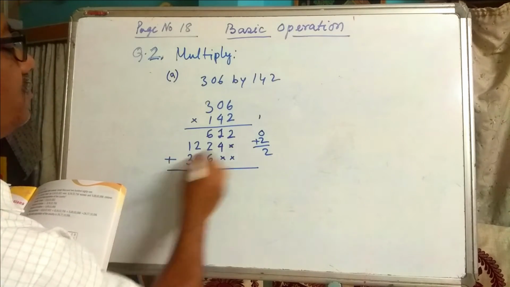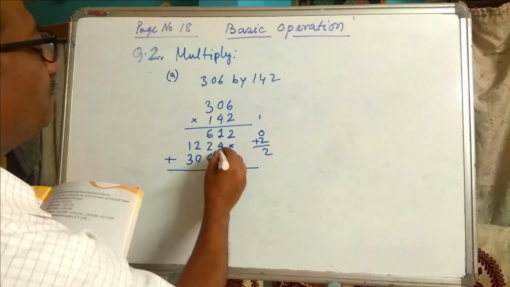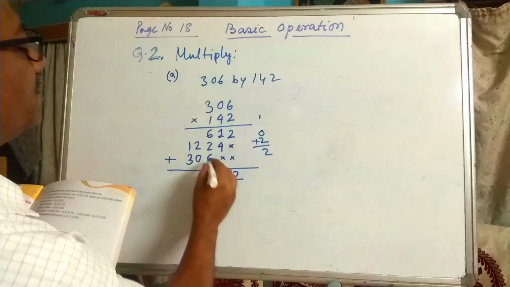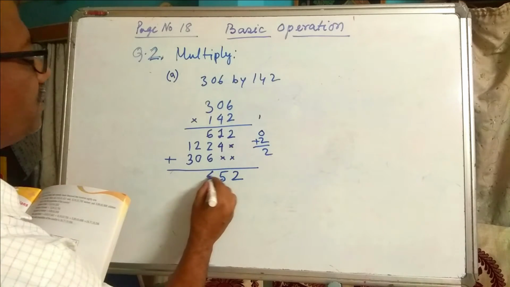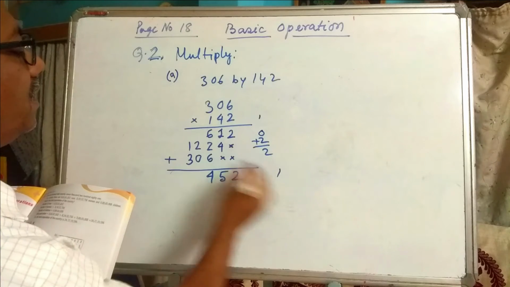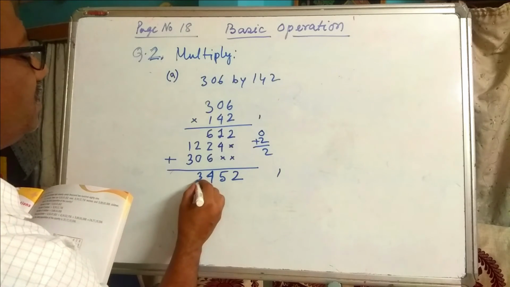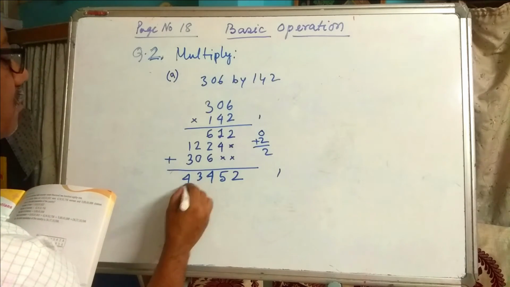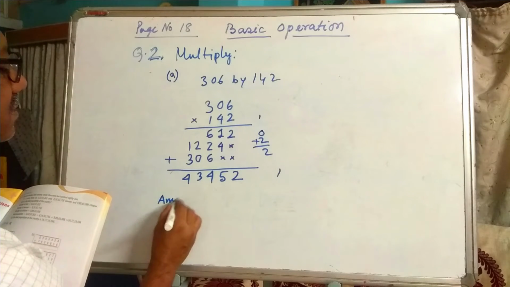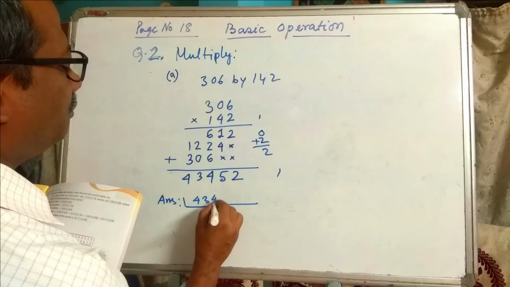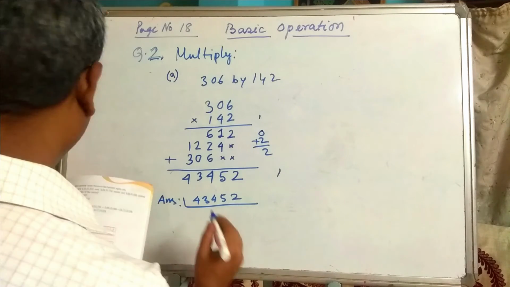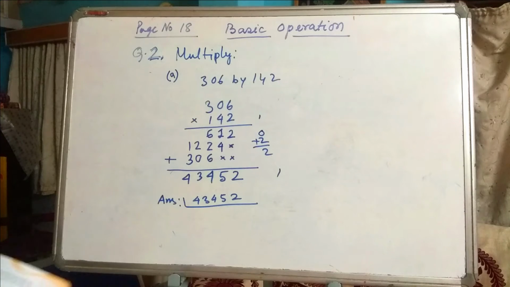So add them together. Therefore the answer is 43452. There is another sum, you do it yourself.